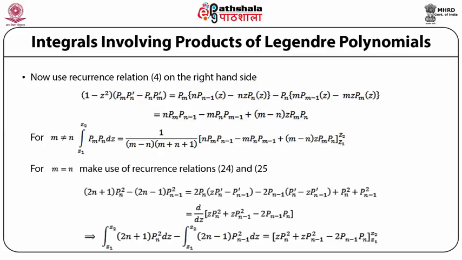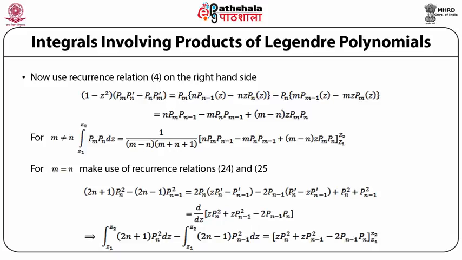When m is equal to n, we make use of recurrence relations 1 and 2, from which we get (2n plus 1) into Pn² minus (2n minus 1) into Pn−1² is equal to 2 times Pn into (z Pn′ minus Pn−1′) minus twice of Pn−1 (Pn′ minus z times Pn−1′) plus Pn² plus Pn−1².